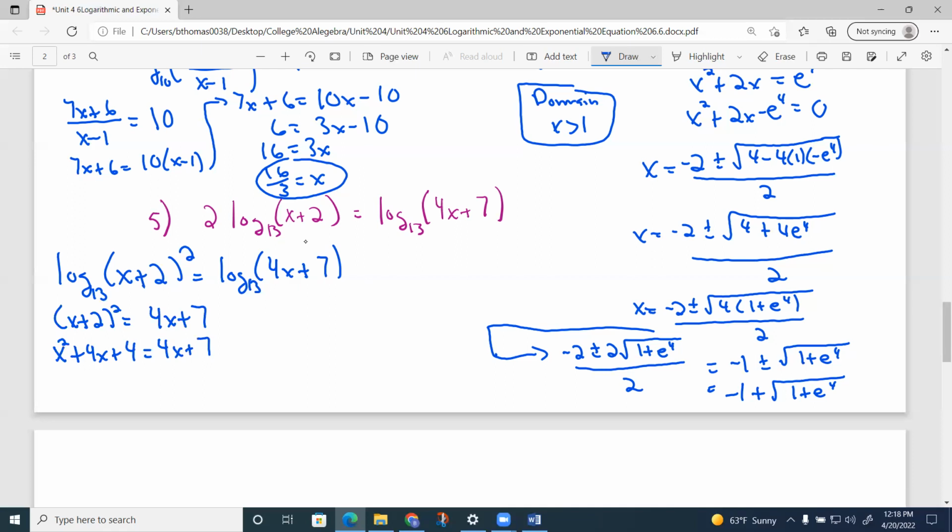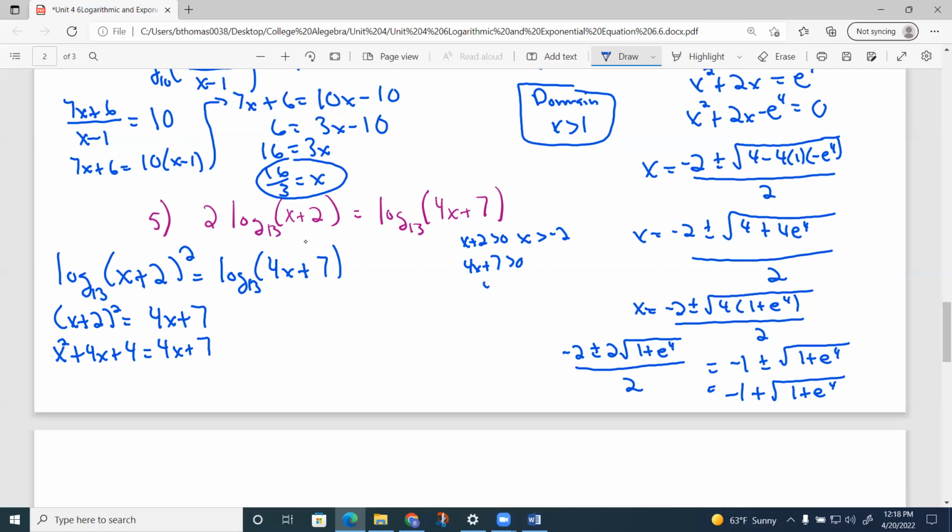And before I get too far along, I have to remember there is a domain restriction. So notice that x plus 2 would have to be greater than 0. So that means x has got to be greater than -2. And we have 4x plus 7 is greater than 0.